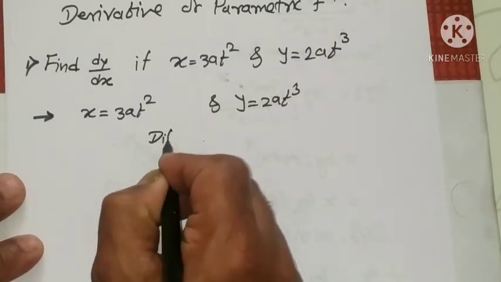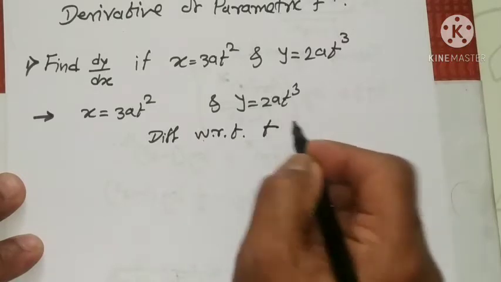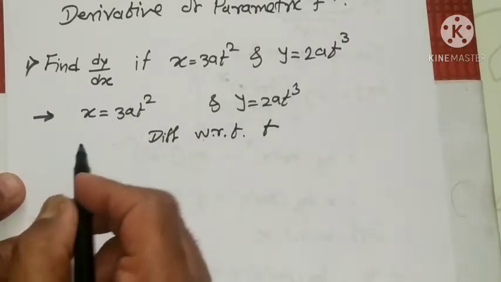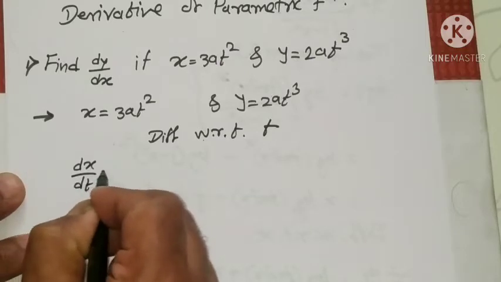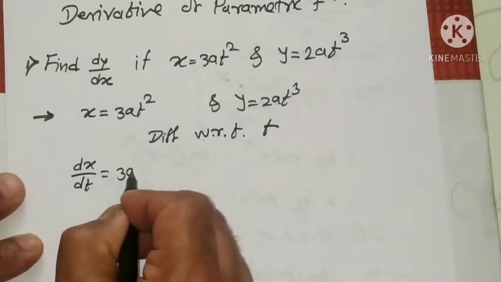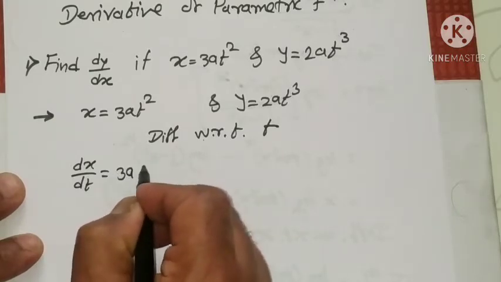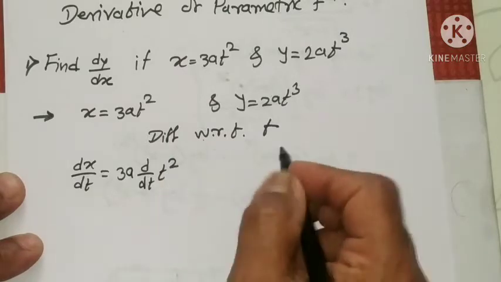Differentiate with respect to t for both the equations. Then we get dx upon dt is equals to 3a, which is a constant coefficient so remains as it is, d by dt t square.